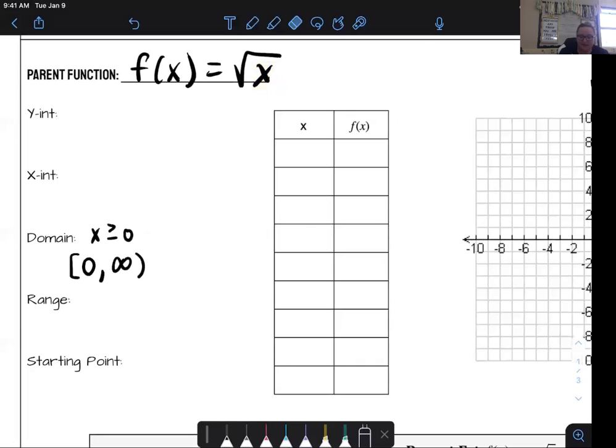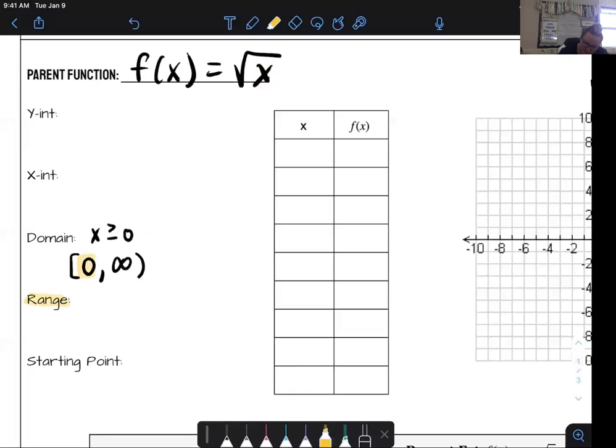Now, to find the range of our radical functions, the way we're going to do that is we're going to take the least value we're allowed to plug in for x, which is 0, and plug it into our function.